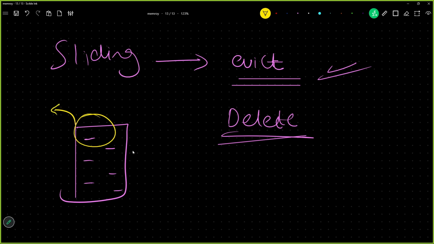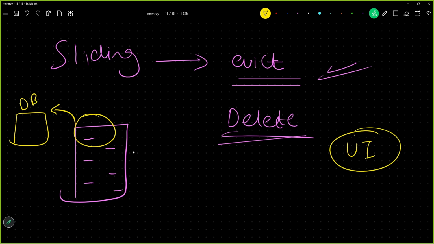But after evicting them, we are still storing them in a database. Because if there is a UI, on that UI we want to show the chats, right? Even though internally it is forgetting, on the UI we want to show the chats and maintain what the user is saying or asking. So we are not deleting the chat, we are still maintaining it in the database.